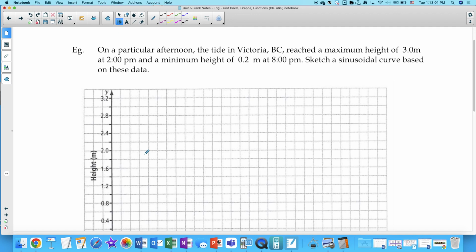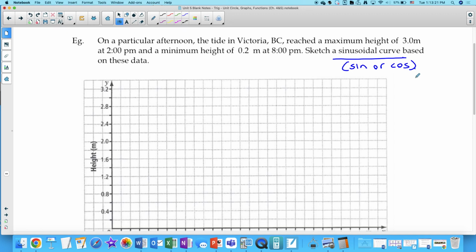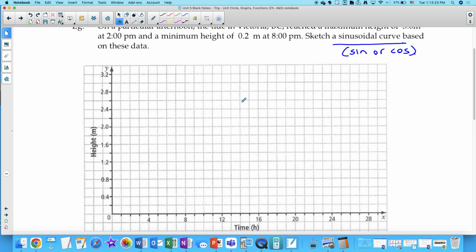Okay, so just so you know, a sinusoidal curve could be sine or cosine. They're both called sinusoidal. I think we've already got a scale for us here. That's kind of nice. So this is time in hours. Looks like we're in 24-hour time.